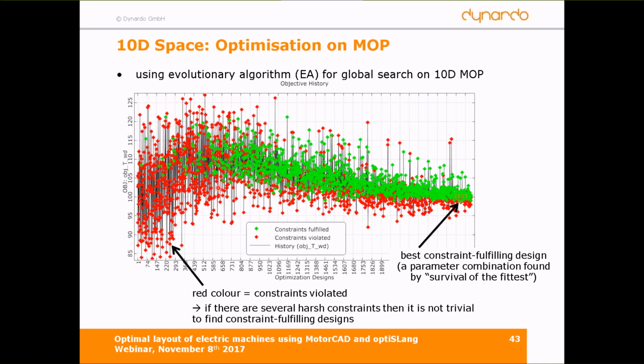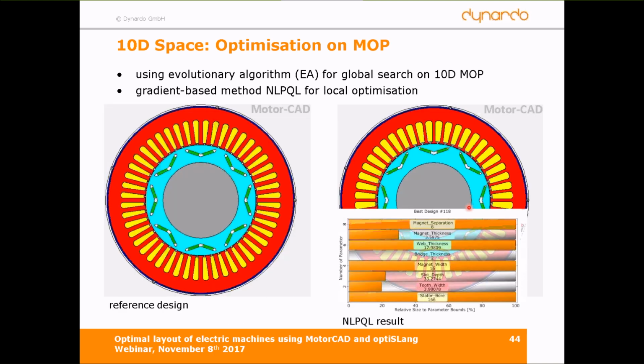First, it creates lots of random infeasible designs, violating the constraints, and only slowly the fraction of constraint-fulfilling designs grows, and then it is optimizing the goal. And here we go through, so this is the reference design and the optimized design.